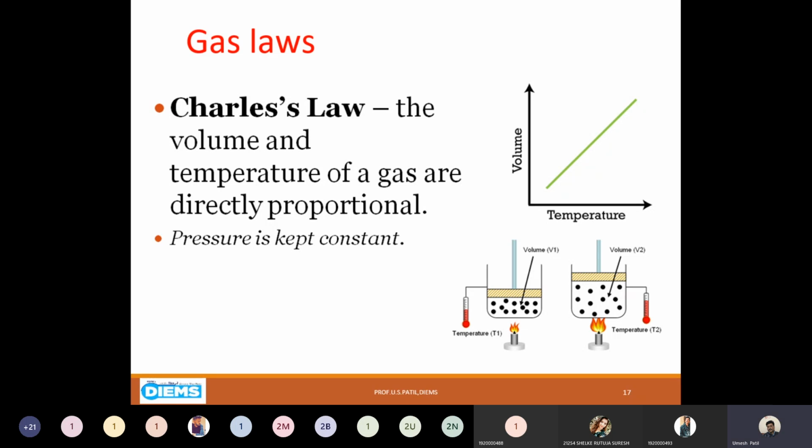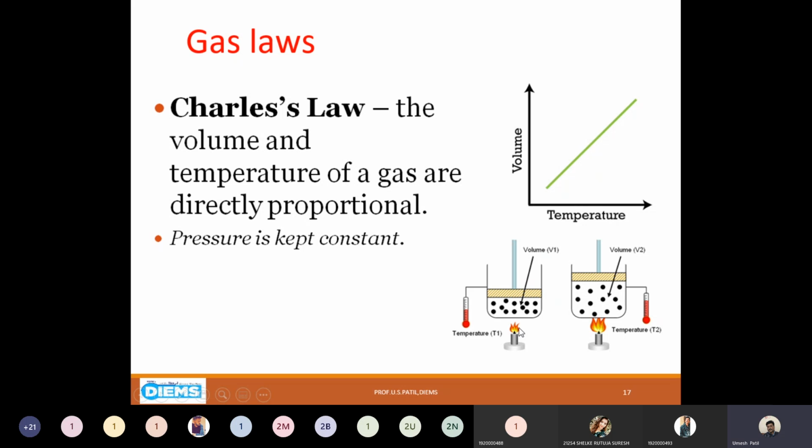Let's correlate this with Boyle's law. In Boyle's law, while giving the relation between pressure and volume, temperature is kept constant. In Charles' law, while giving the relation between volume and temperature, pressure is kept constant. The pressure exerted over this piston is constant here, and the gas is heated.